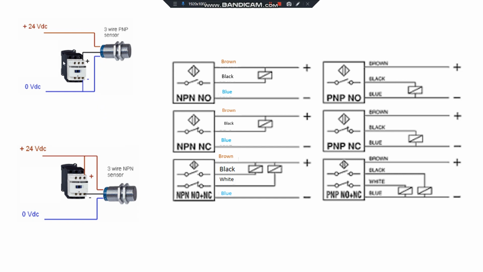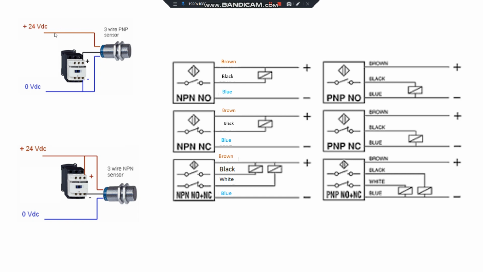On the screen, we can see a three-wire PNP sensor and a three-wire NPN sensor. Also, there's a contactor which works with 24 DC. In the example, there are three cables: brown cable, black cable, and blue cable.